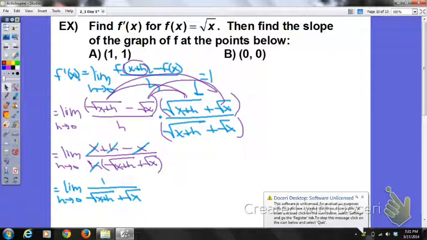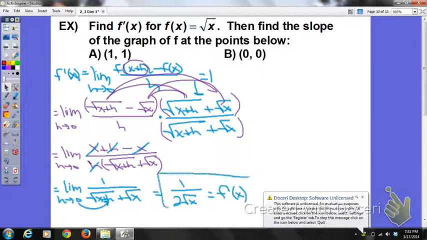When I use direct substitution and I plug in 0 for h, I have the square root of x plus the square root of x in my denominator, so that is going to equal 1 over 2 square root of x, which is my general form of my derivative, f prime of x.